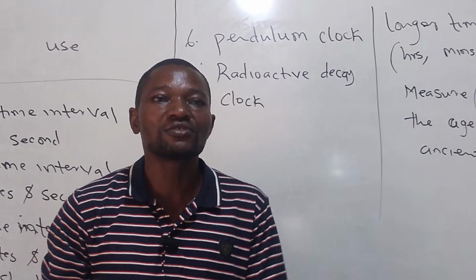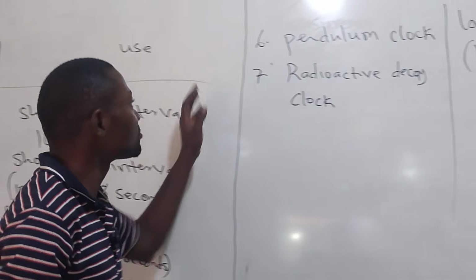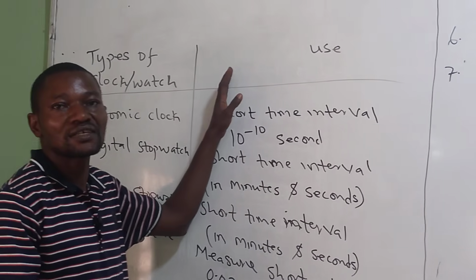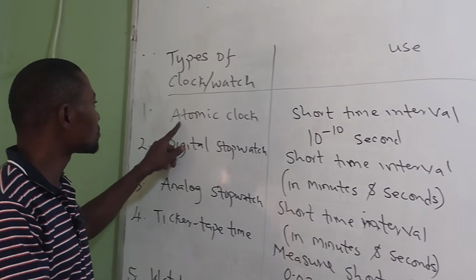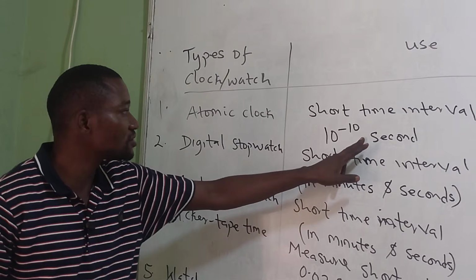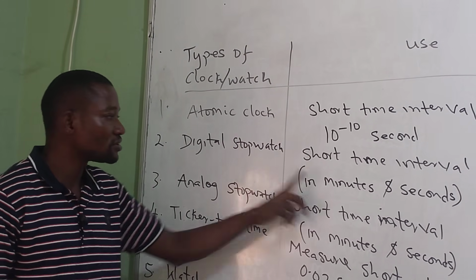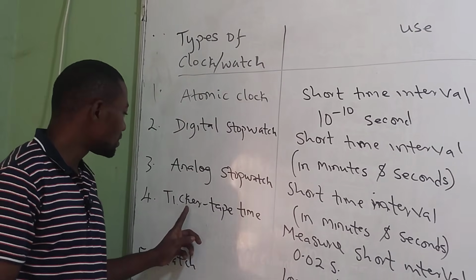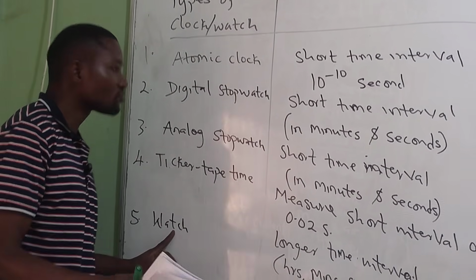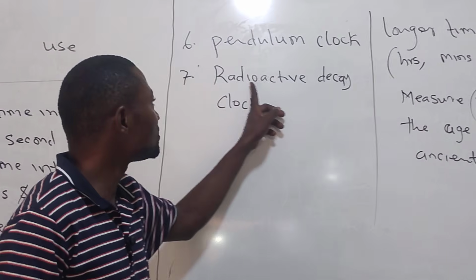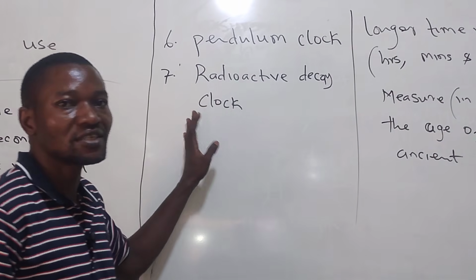So, like I told us earlier, there are different types of clock or watch depending on the time interval that we are measuring. We have looked at the atomic clock and the time range that it is used for, digital and analog stopwatches, then ticker tape timer, the watch, pendulum clock, and the last here is the radioactive decay clock.